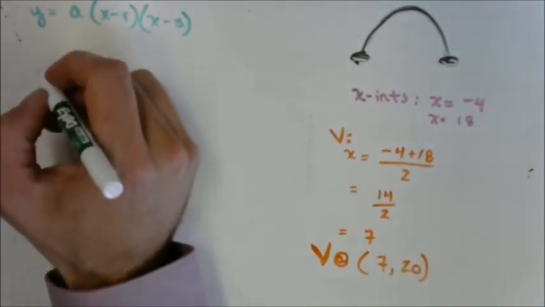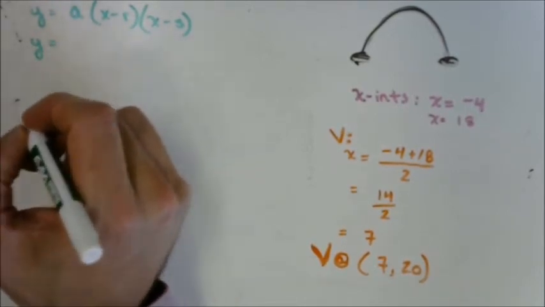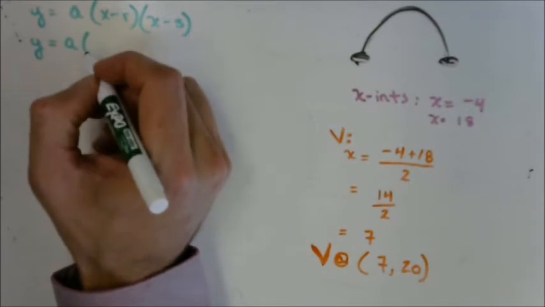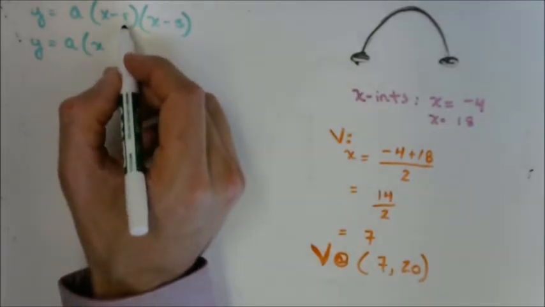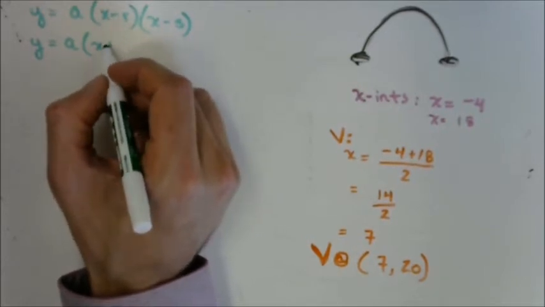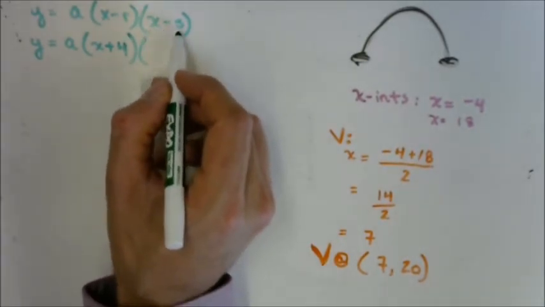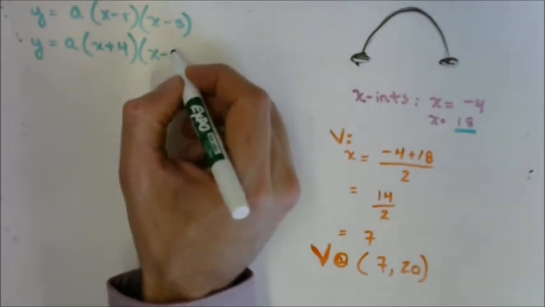Let's sub in what we know. We know that our x-intercepts are negative 4 and positive 18. So if r is negative 4, then I'll have x minus negative 4, that'll be x plus 4. And this factor will be x minus s. My other one is positive 18, so that's just x minus 18.